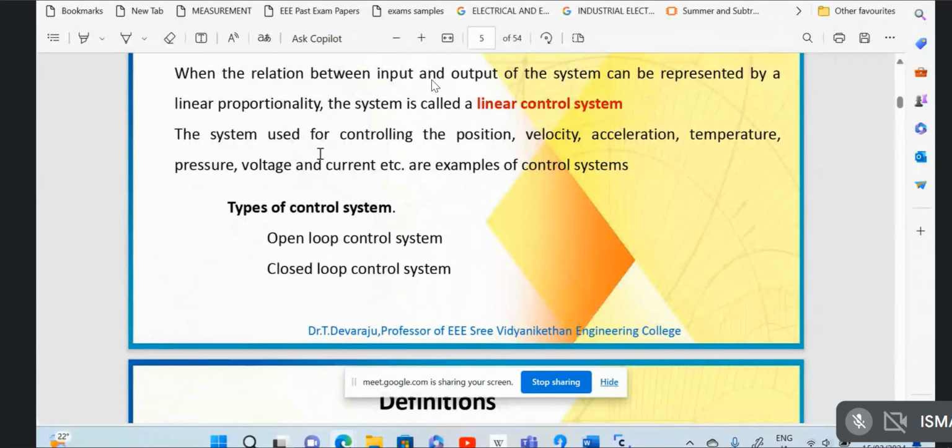Again, systems used for controlling position, velocity, acceleration, temperature, pressure, voltage, and current, etc., are examples of control systems.